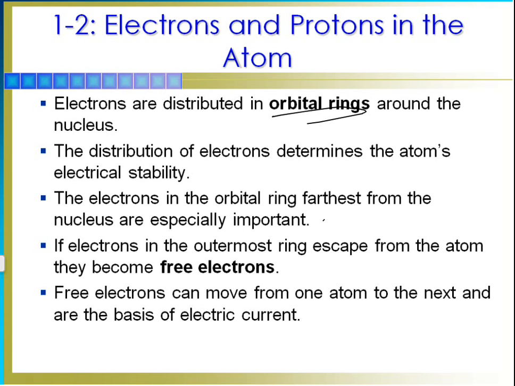And, well, in this statement here, electrons in the orbital ring farthest from the nucleus are the most important, because those are the ones that can escape the easiest. They can escape their orbits the easiest. And when they do, they become free electrons. And free electrons create our imbalance in atoms. And when they start moving from one atom to another, they become the basis of electrical current.